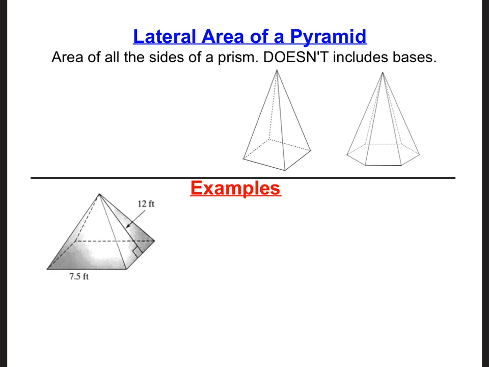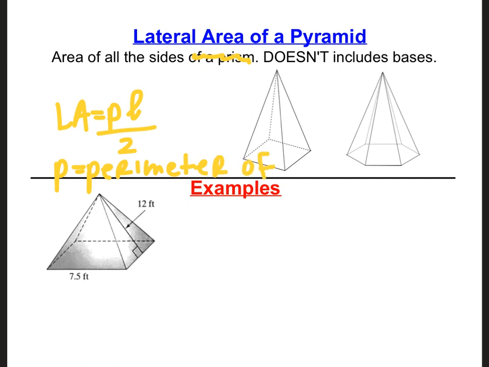Your formula for this is going to be lateral area, so we do LA equals P times L divided by 2. Now remember, P equals perimeter of your base, and L equals your slant height.